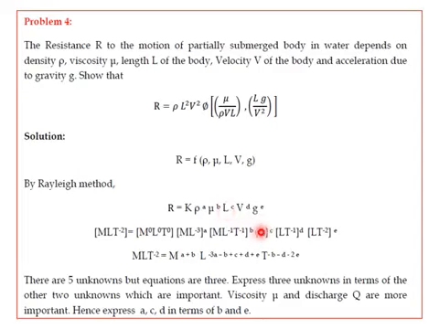L is already a length term. Here the velocity is L T to the minus 1, and g, acceleration due to gravity, is meter per second square, so L T to the minus 2. So this can be written as, for M, a plus b. For L, minus 3a minus b plus c, plus d and plus e.